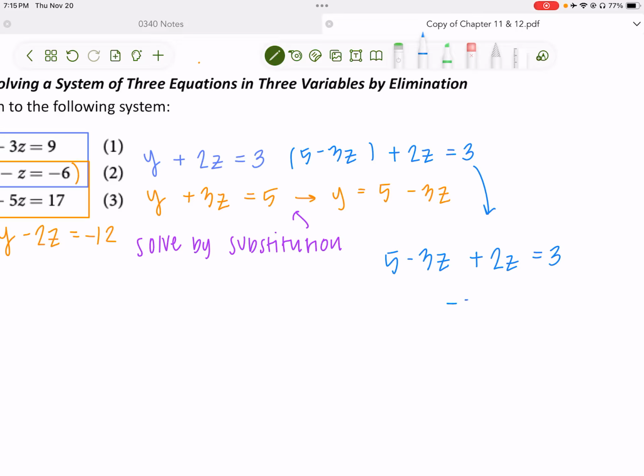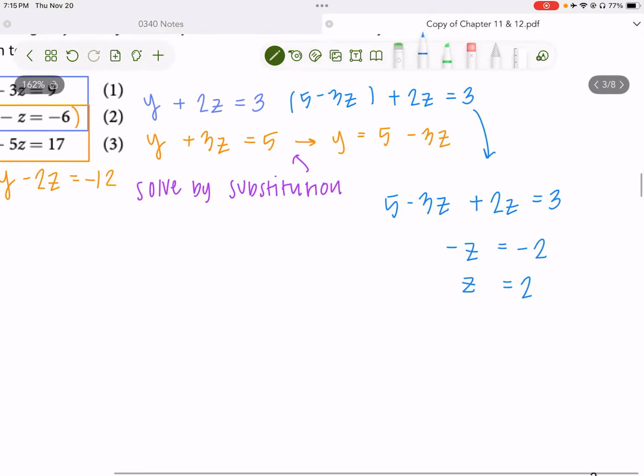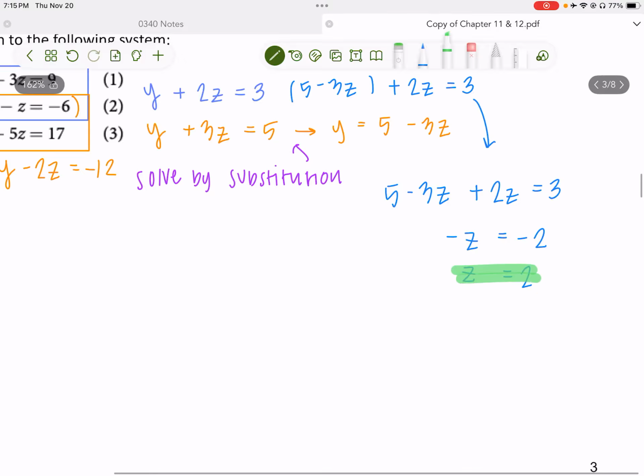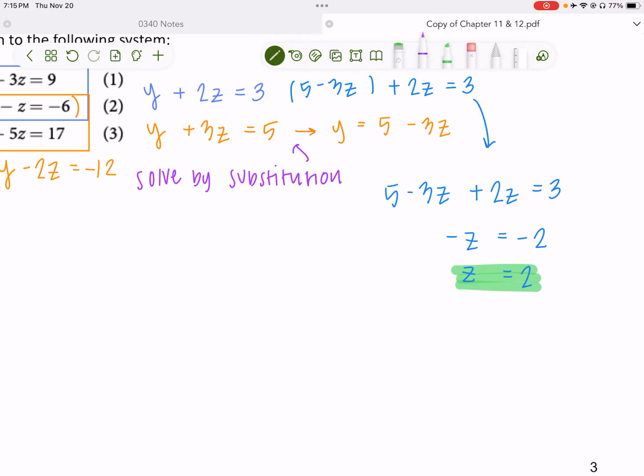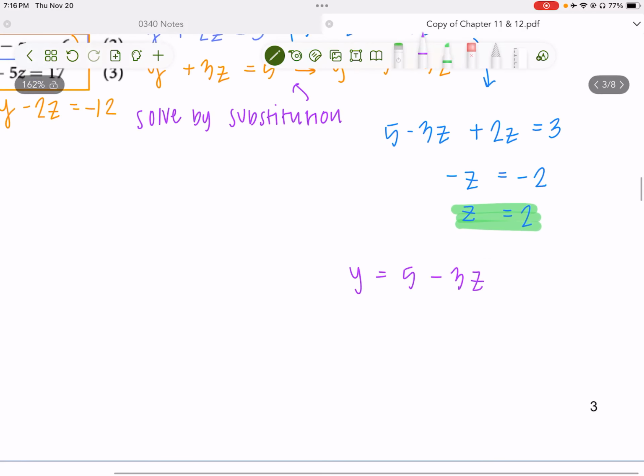And that's going to be negative z equals negative 2, or z equals 2. Now we found one of our three values. Once you found that, you can go back in and find the y value from y equals 5 minus 3z. I'll go ahead and plug in the 2, and I'm going to get negative 1.